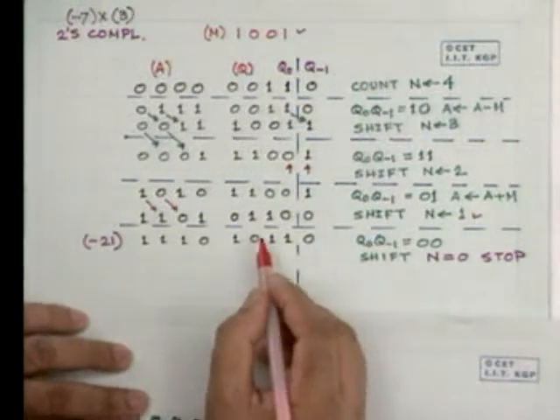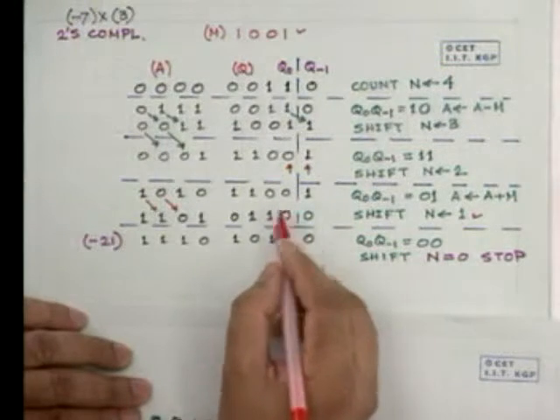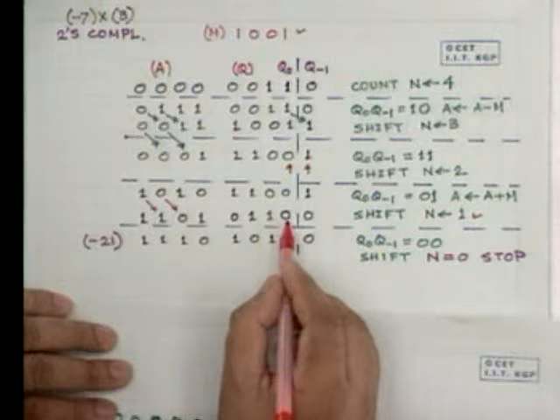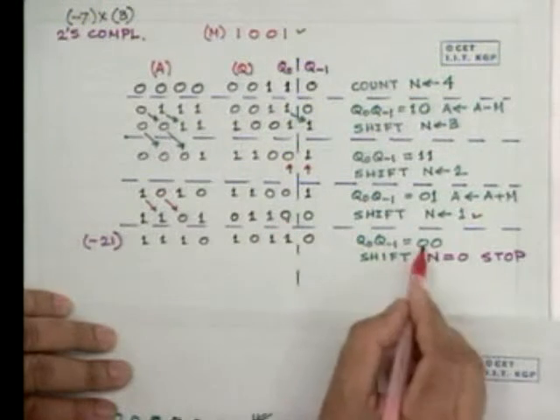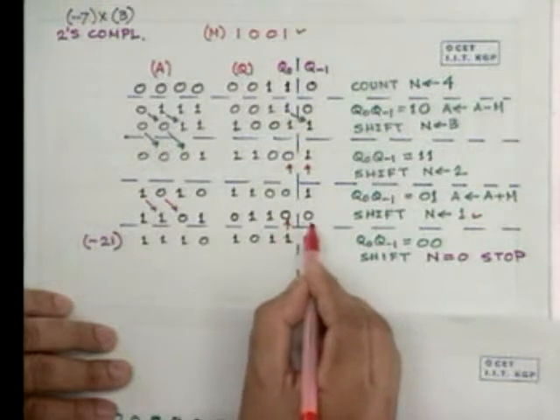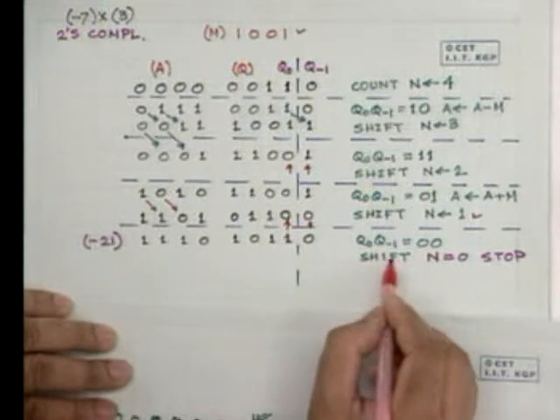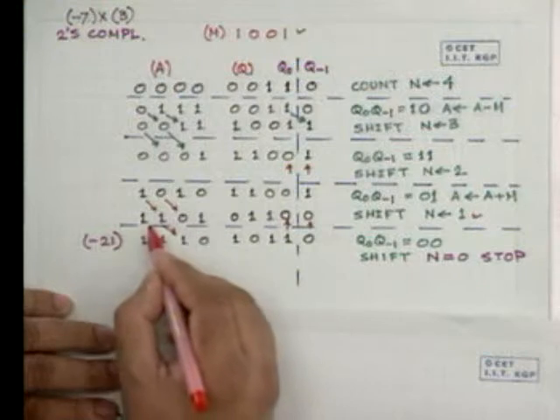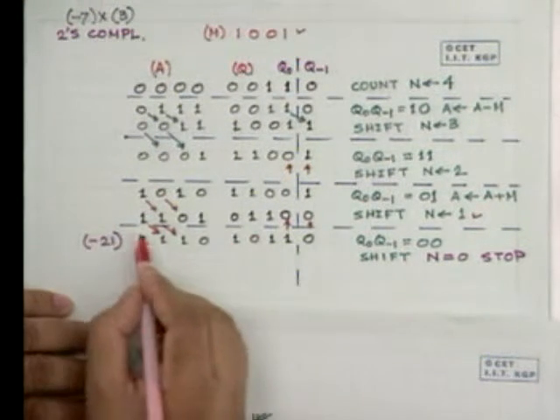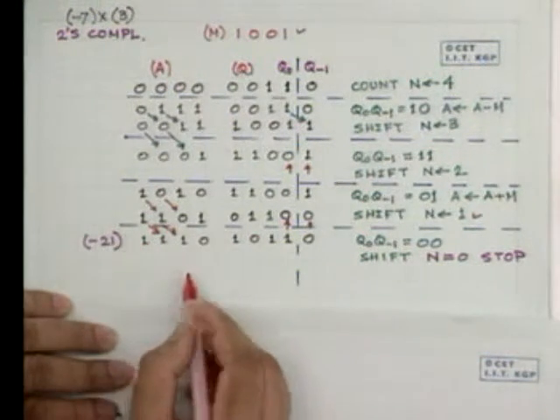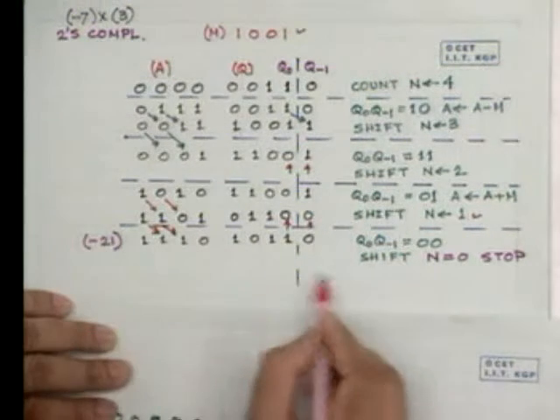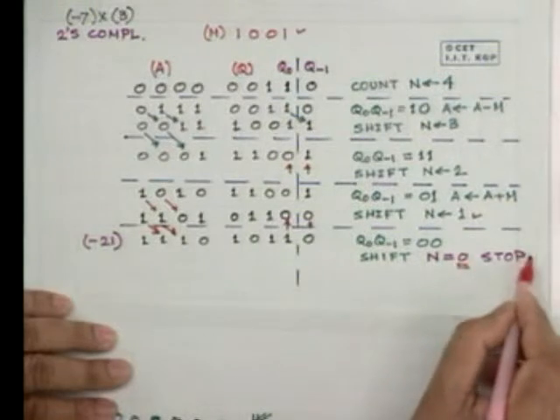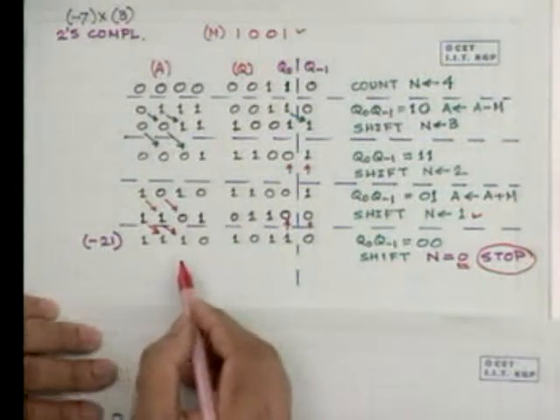We now find that the Q0 and Q minus 1 bits are now 0 0. That means this is 0, this is 0, and therefore we have to shift only. Therefore, this comes here, and so on, and the sign bit is replicated. If we do it this way, N now turns out to be 0 and the operation is stopped.